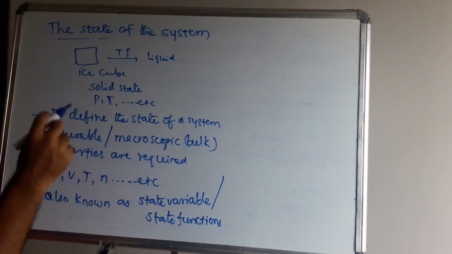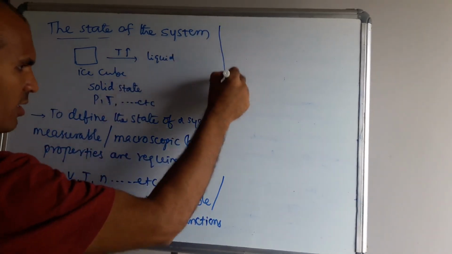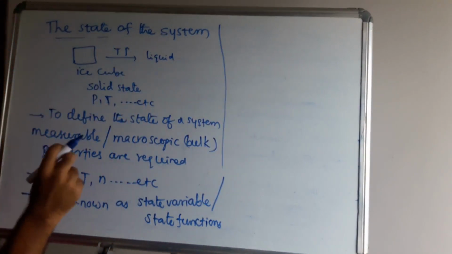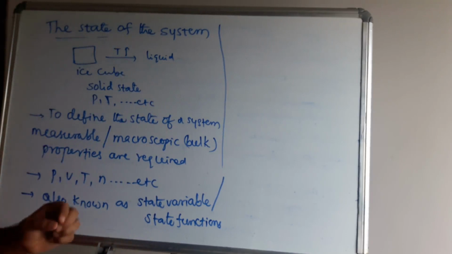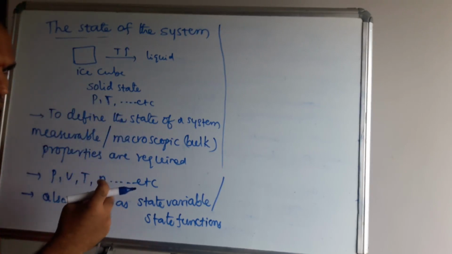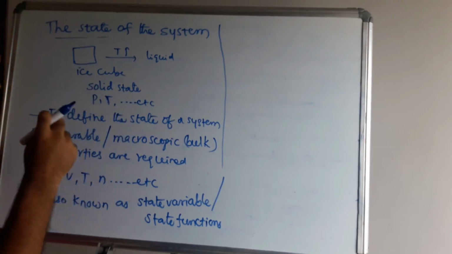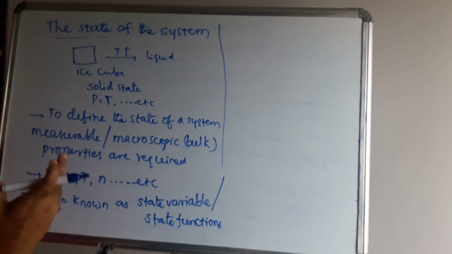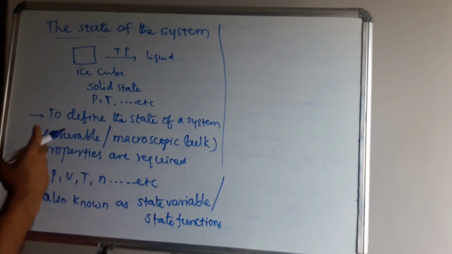To define the state of a system, all properties are not necessary. Some properties vary in their value independently. Therefore, the number of properties depends on the nature of the system. So how many properties are required to define it? That number depends on the nature of the system.